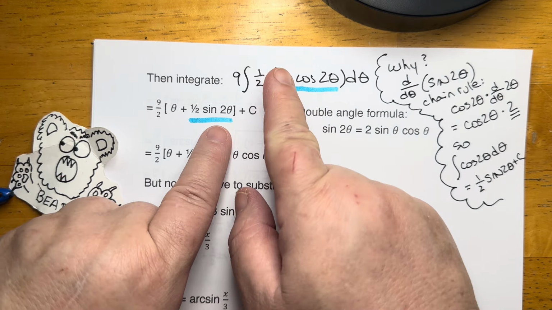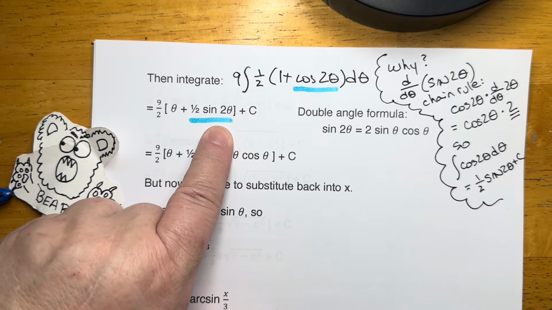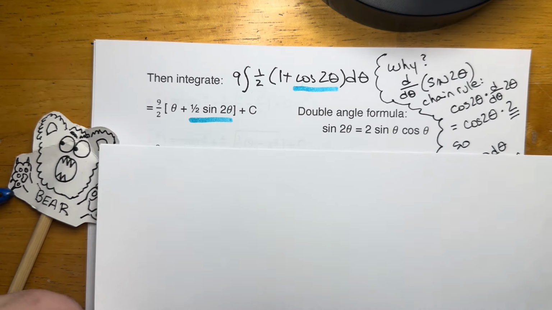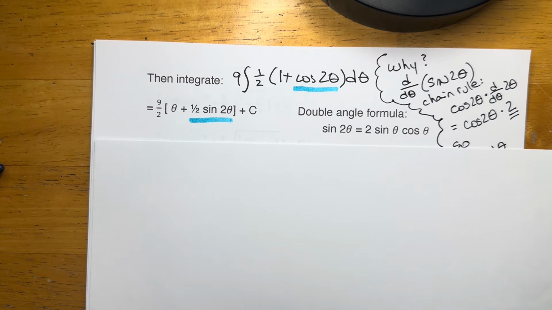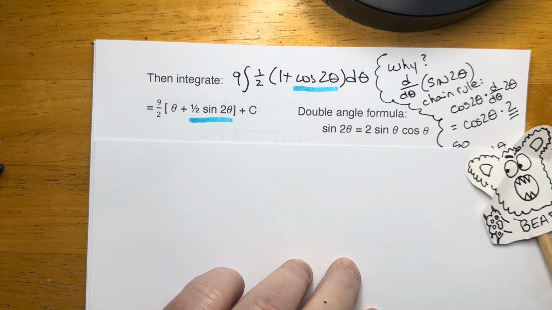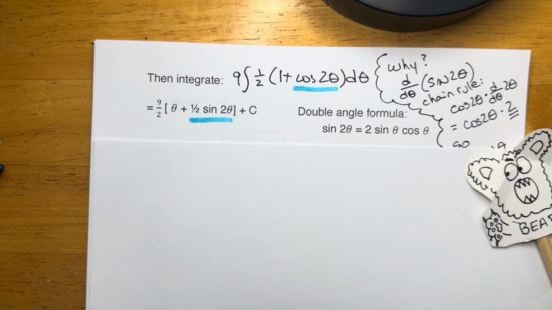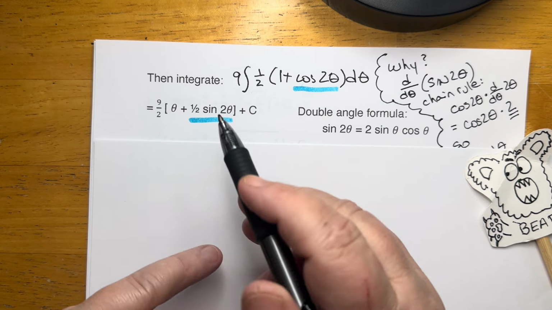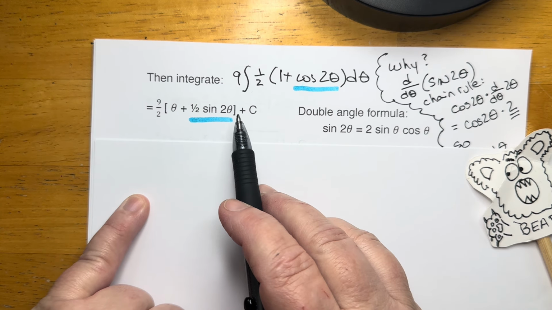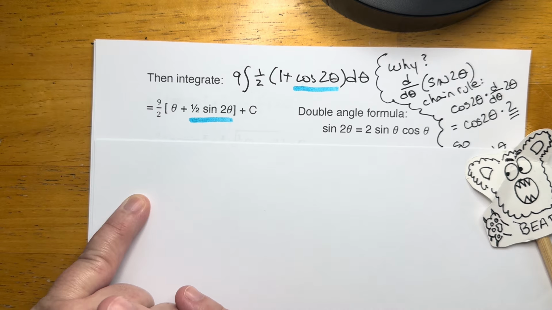Okay, now we're here. We've integrated. Oh my goodness, isn't this exciting? We're at the point of integration, which I think is lovely because that means bringing things back together. So what we need to do now is realize, oh no, the original problem was not in theta. The original problem was in x.